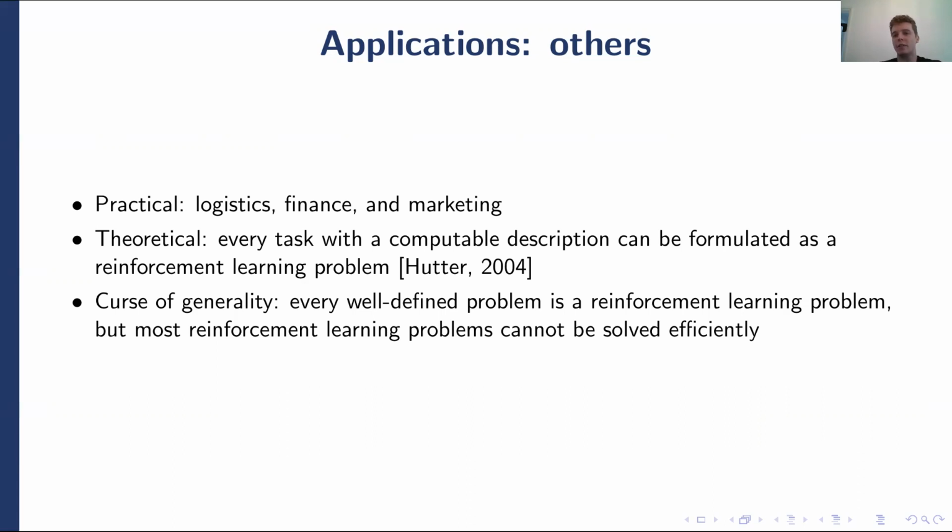And as a consequence, because every task with a computable description can be formulated as a reinforcement learning problem, and because we know that some tasks cannot be solved efficiently using computers, then we also know that not every reinforcement learning problem will have an efficient solution. So I'm calling this the curse of generality, the fact that every well-defined problem is a reinforcement learning problem, but most reinforcement learning problems cannot be solved efficiently.